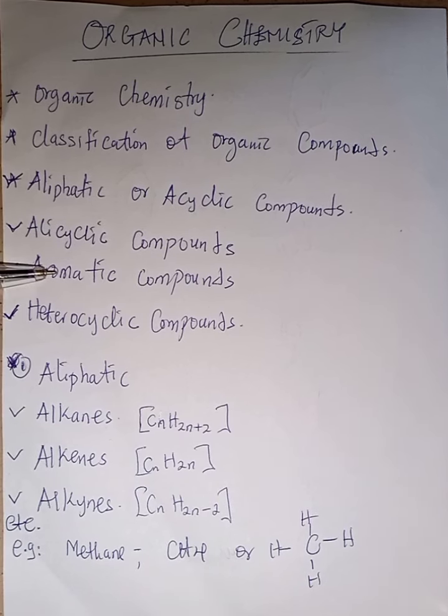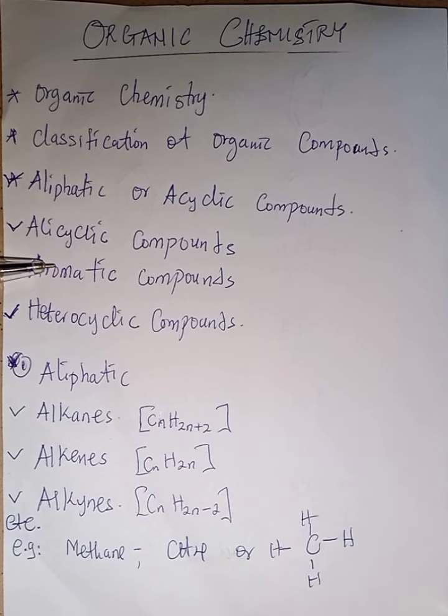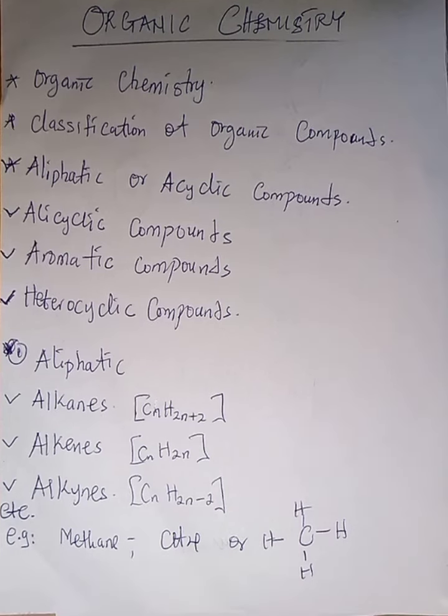Then aromatic compounds. Now, aromatic compounds have a very unique definition, because we have two types of aromatic compounds: the benzenoid aromatic compounds and the non-benzenoid aromatic compounds. The ones that have at least one benzene ring are called benzenoid aromatic compounds.